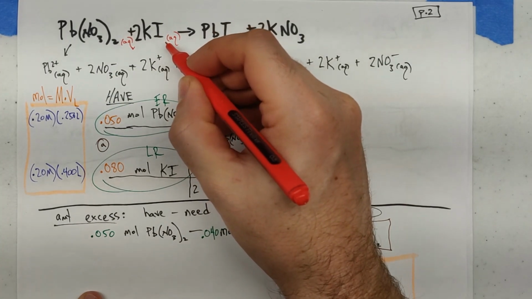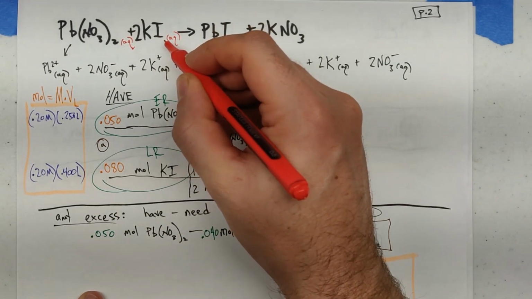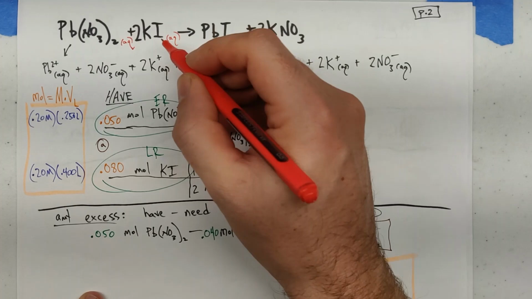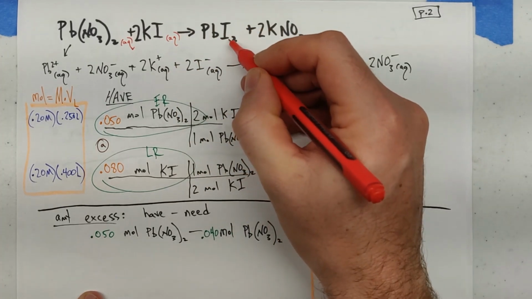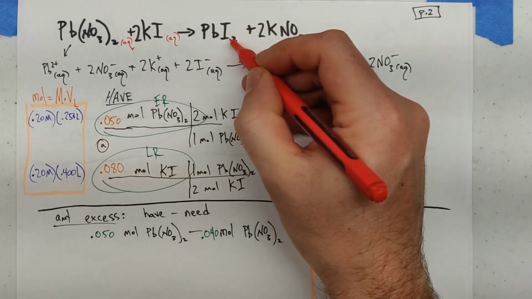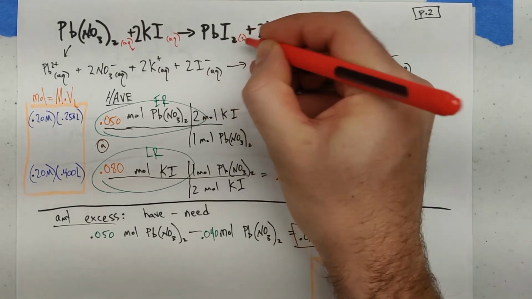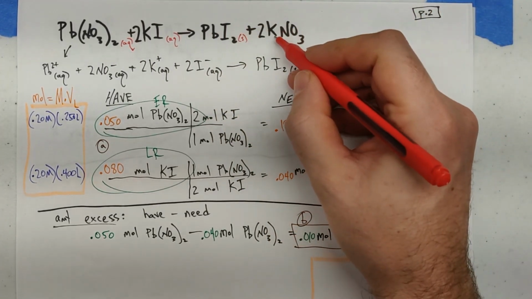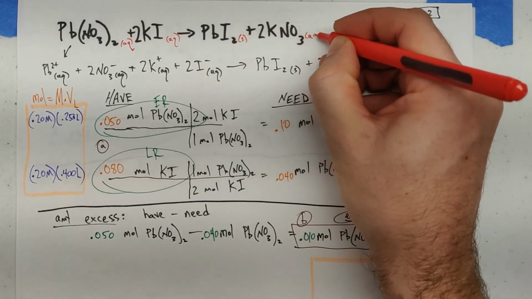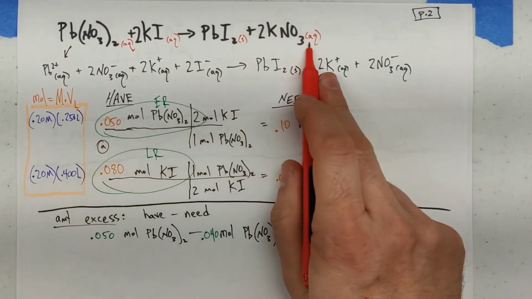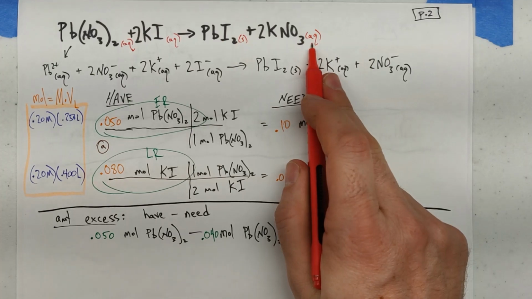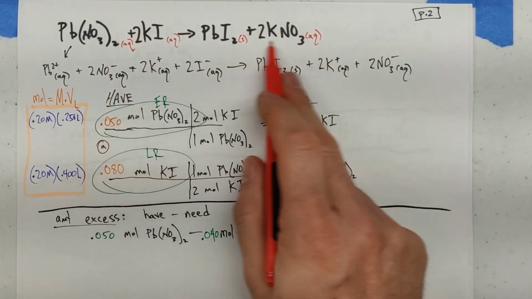Bromides, chlorides, and iodides tend to be soluble unless they're with lead, silver, or mercury, which comes into play here. I have iodide. Initially, I would expect it to be soluble, but I've got lead there. So we do end up with a solid. It is insoluble. Group 1 metal nitrate, we're going to end up aqueous.